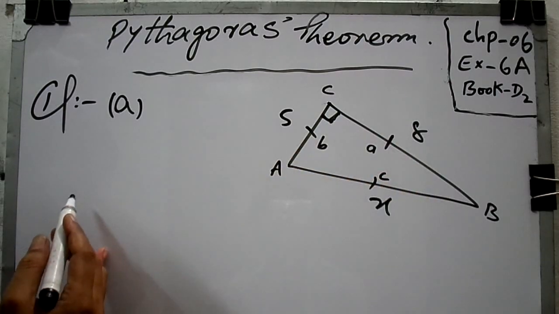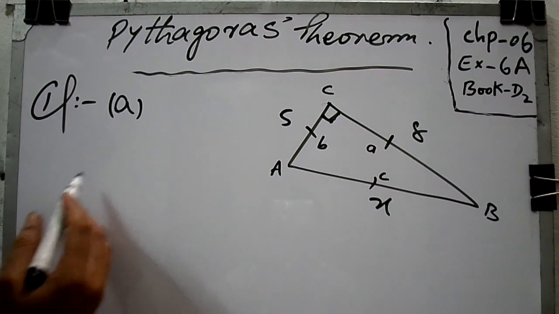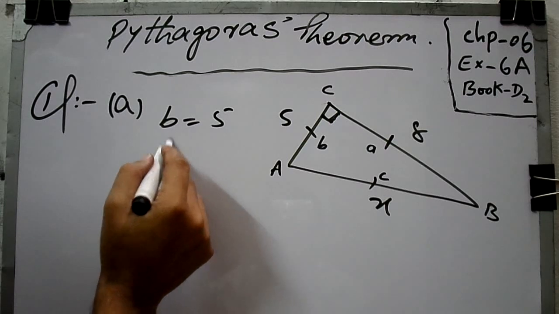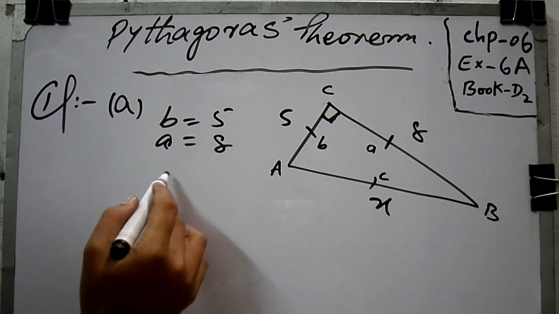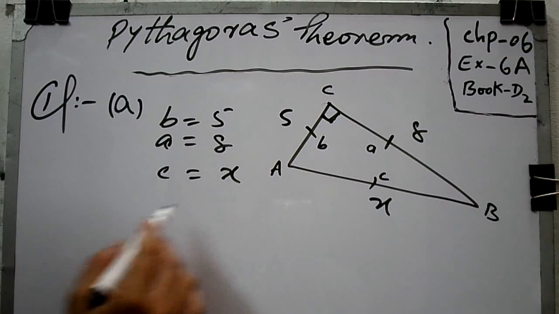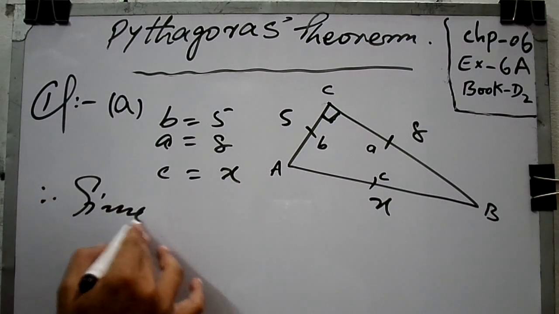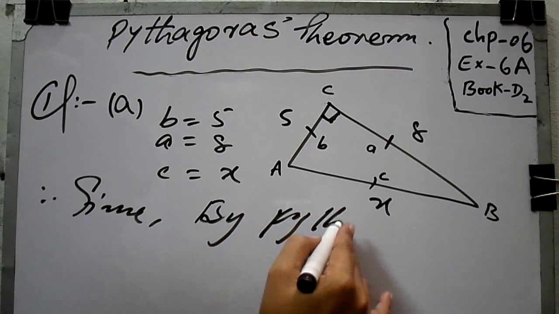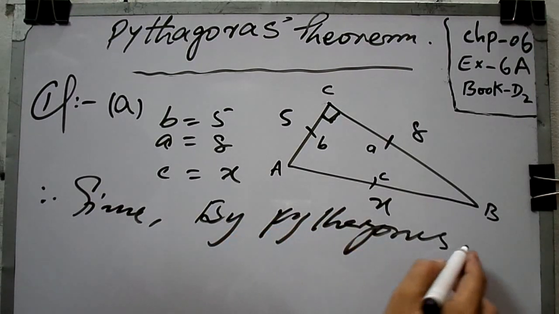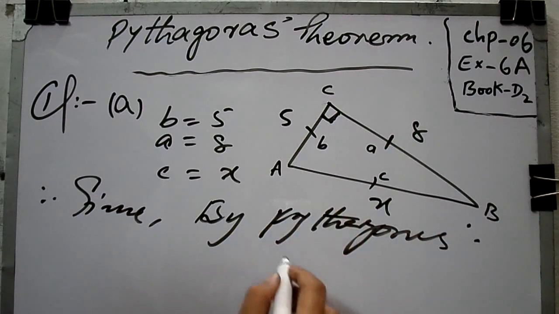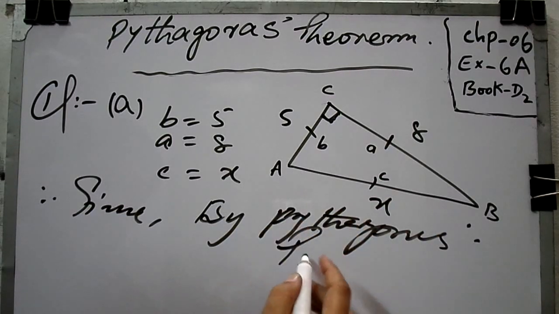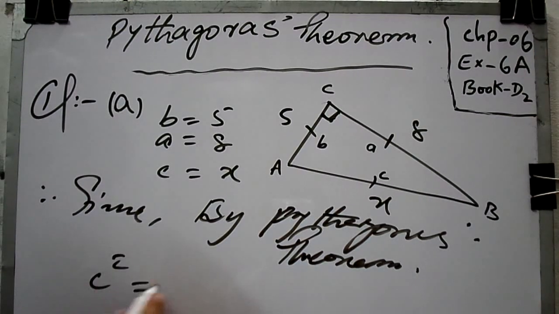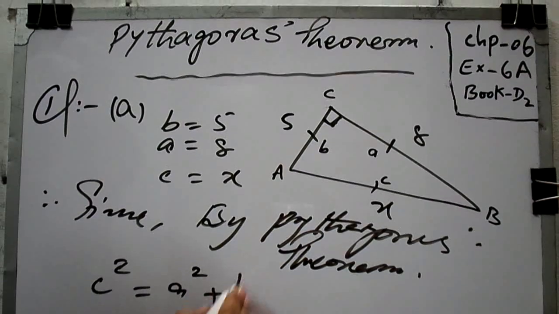So here in this diagram the value of B is 5, the value of A is 8, and the value of C is x, unknown. By the Pythagoras theorem, C square is equal to A square plus B square.